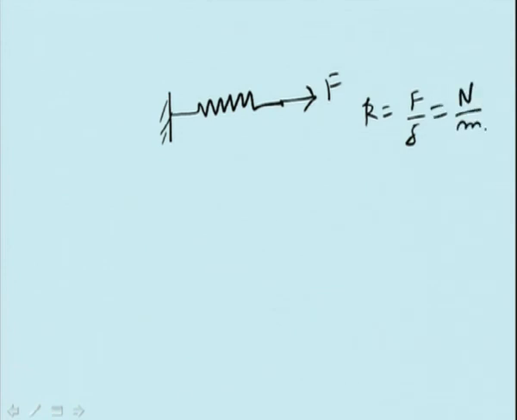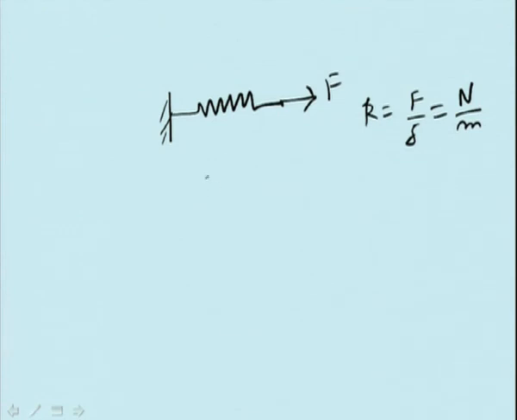In linear springs, if you apply a force F, the spring gets deflected. Suppose this deflection is delta, then K is equal to F by delta, where K is called the spring constant and it is having the unit of Newton per meter.